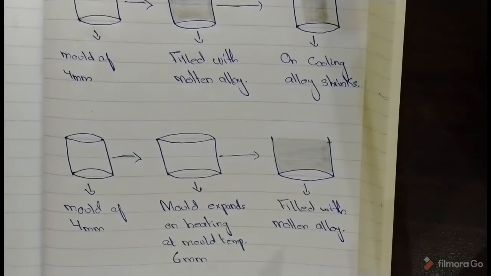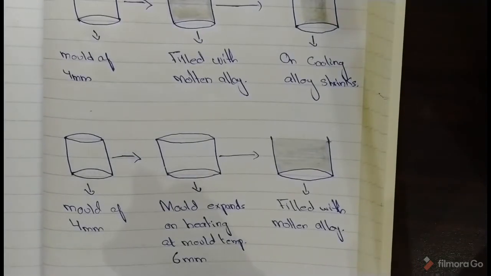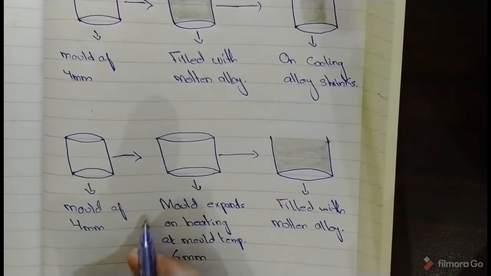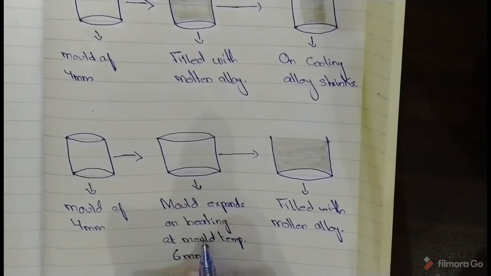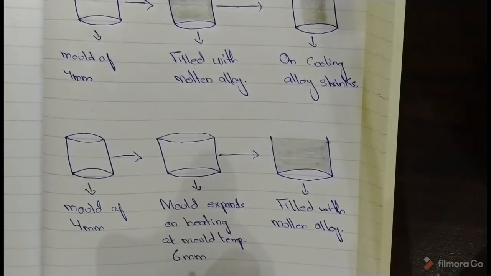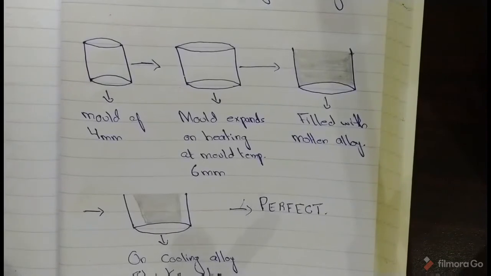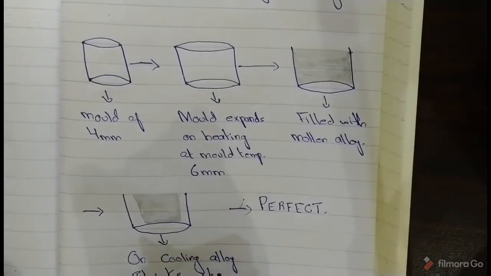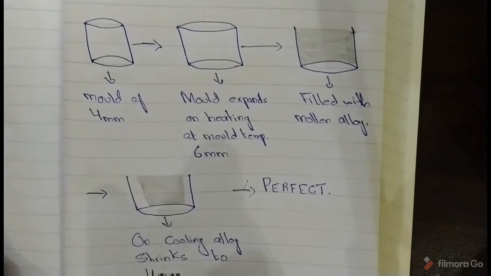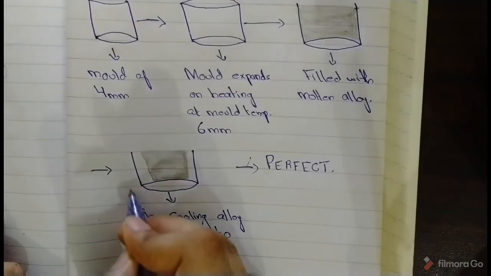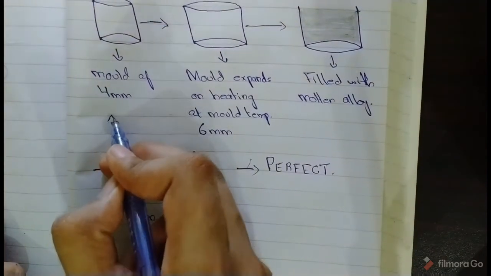Now look at this. You have to make a crown of 4 mm, so you build a mold of 4 mm. Then you allow the mold to expand on heating and it becomes 6 mm, and then you fill it with molten alloy, and on cooling the alloy shrinks 2 mm and it becomes 4 mm, the exact measurement and fit we required.